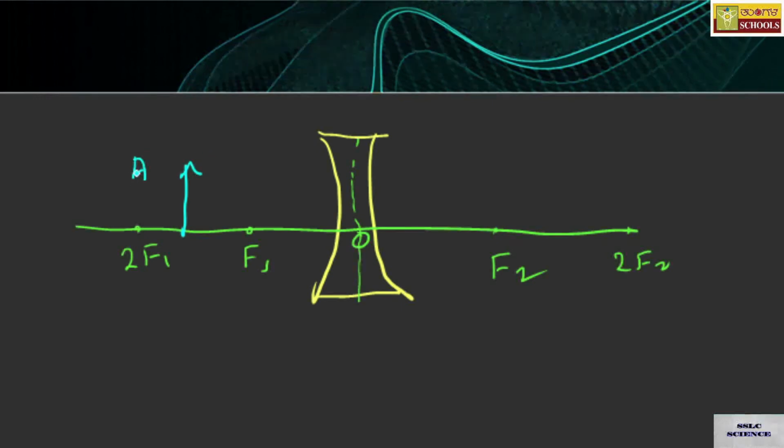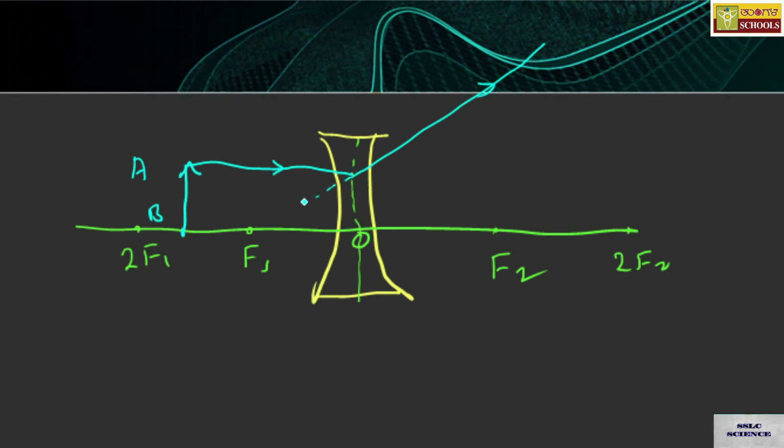The ray which is parallel to the principal axis, after refraction, actually passes through F2, but this is a divergent lens, therefore you can draw like this.